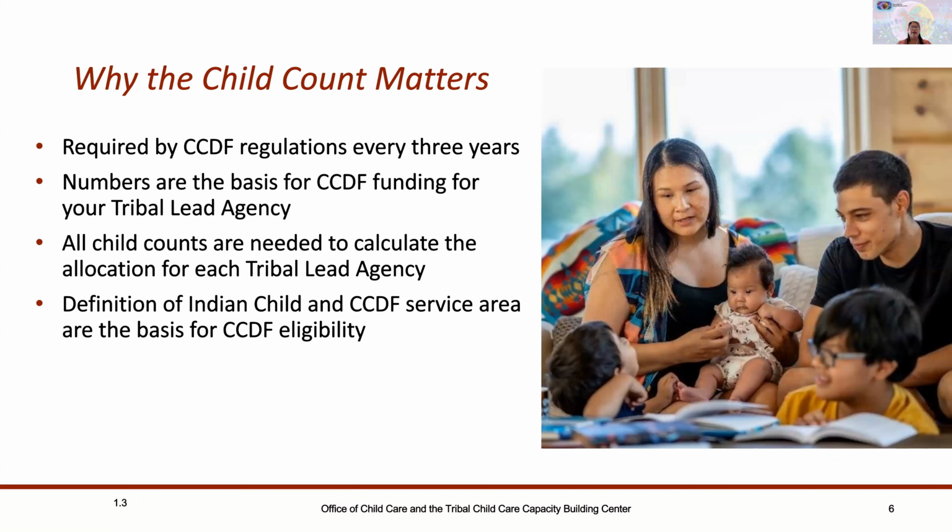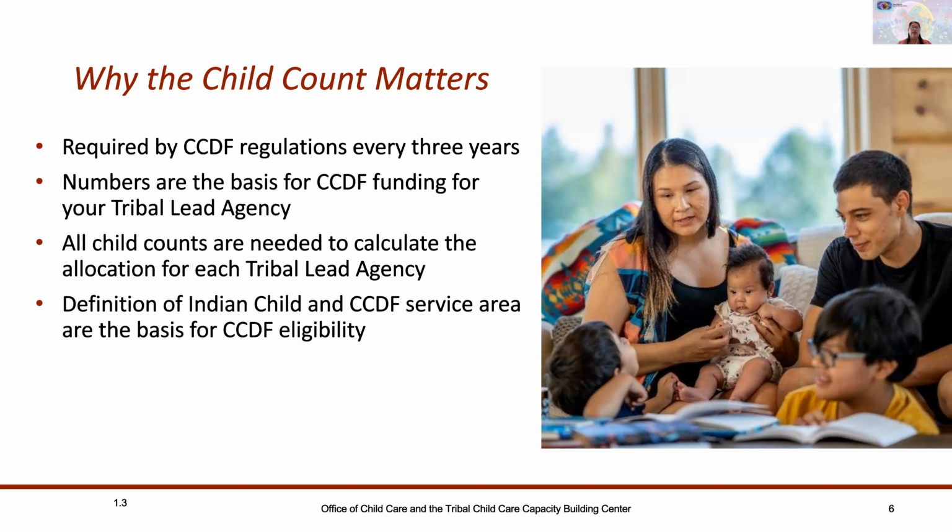So why does the child count matter? Child counts really consist of 3 parts: the count, which is the actual number, and the definitions of Indian child and service area. A child count is required by the CCDBG Act every 3 years. Child count numbers are the basis for CCDF funding for your tribal lead agency.